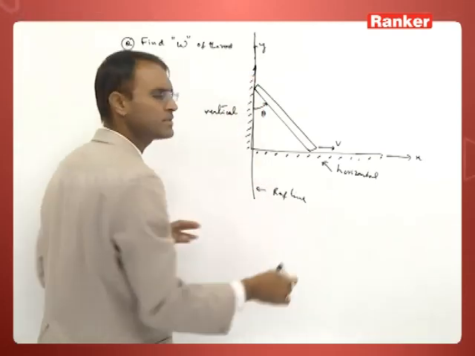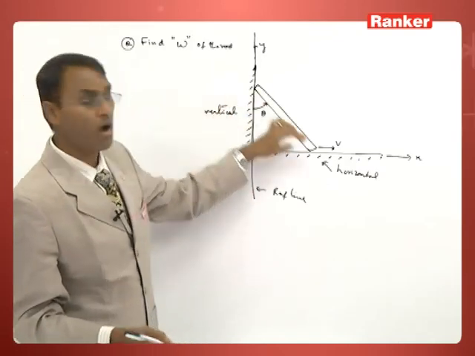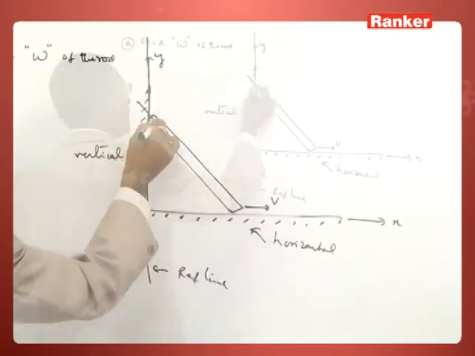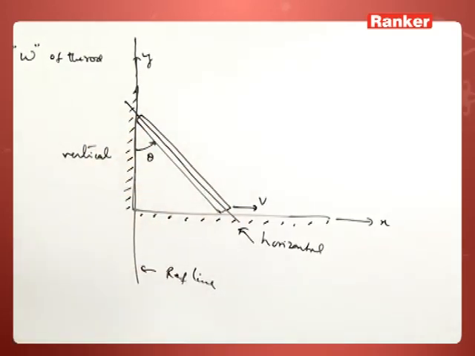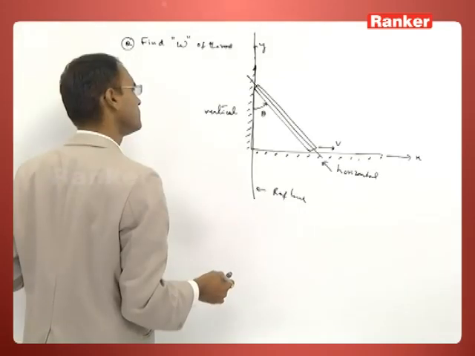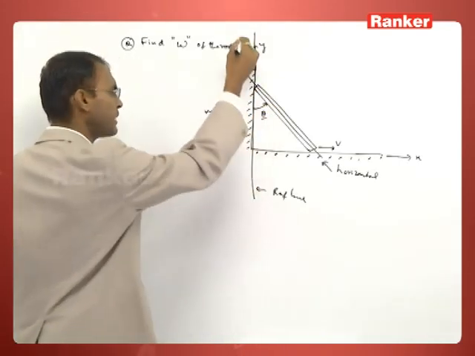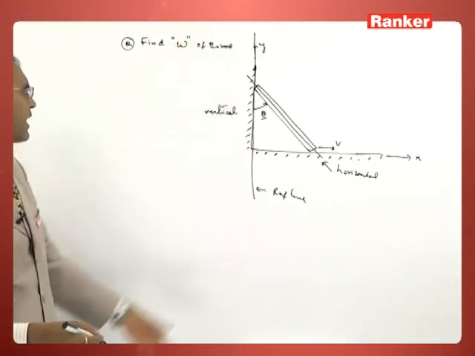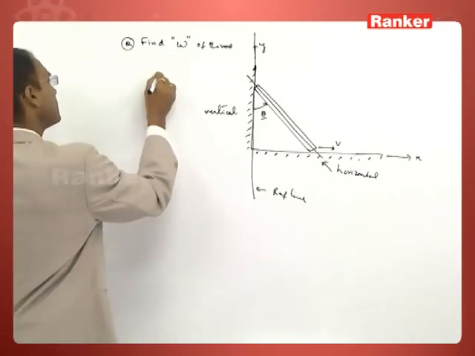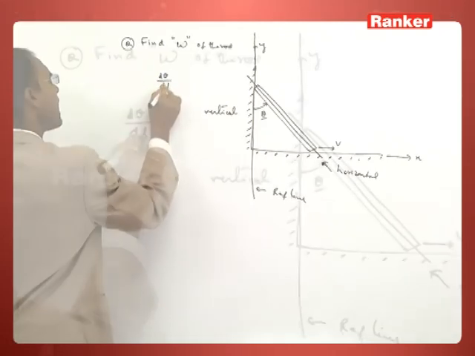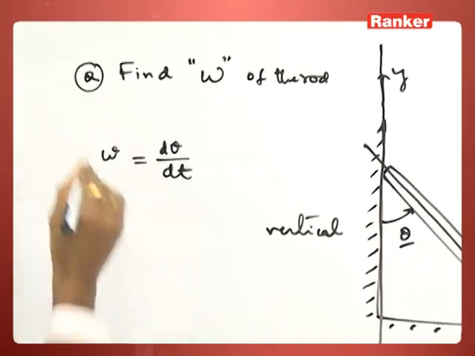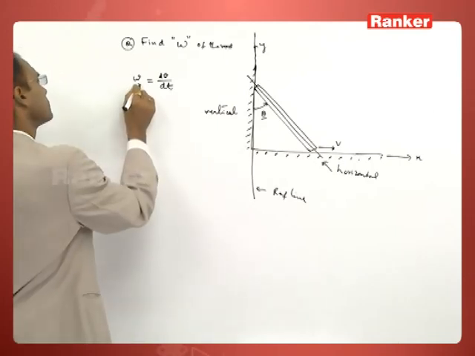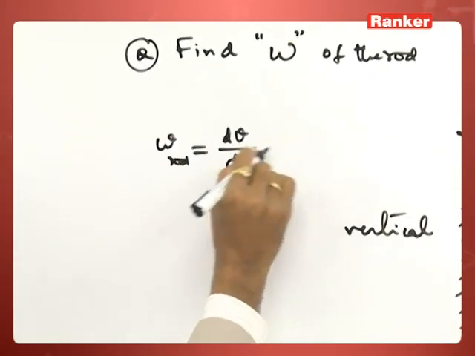With respect to this axis, a line, the rod, which itself is a straight line, or any line run inside the rod, goes along the rod itself. This line makes an angle theta with respect to y direction or y axis, or this vertical reference line. At what rate this angle is changing with respect to time? That is the angular velocity of the rigid body, the rod. This is the concept.